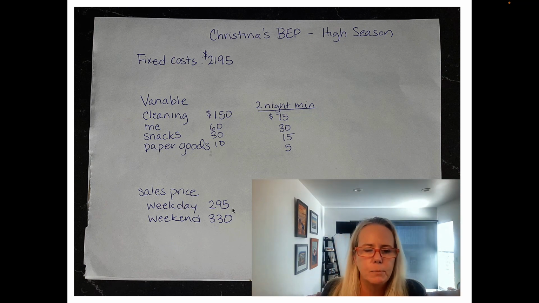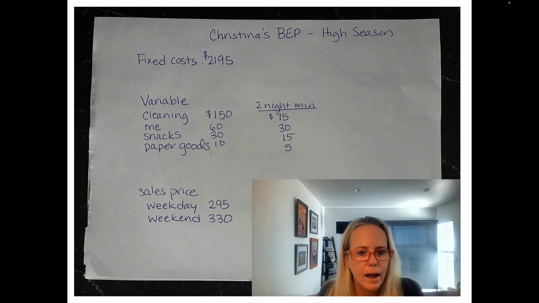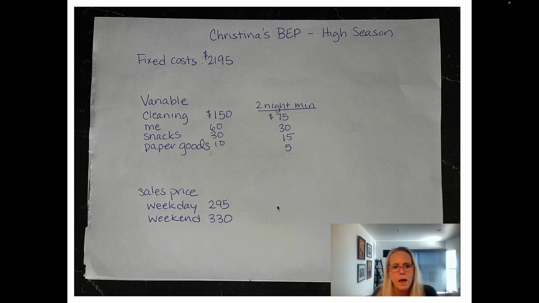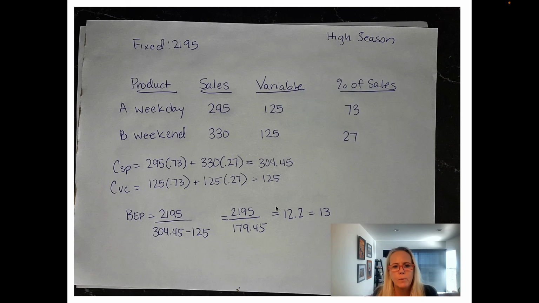My sales price during the weekdays in high season is a lot higher, same with my weekends. And so when I do my calculation, I've got $295 for my sales price, $125 for my variable cost. It's 73% of my sales in the high season. Remember, it was 10% in the low season.